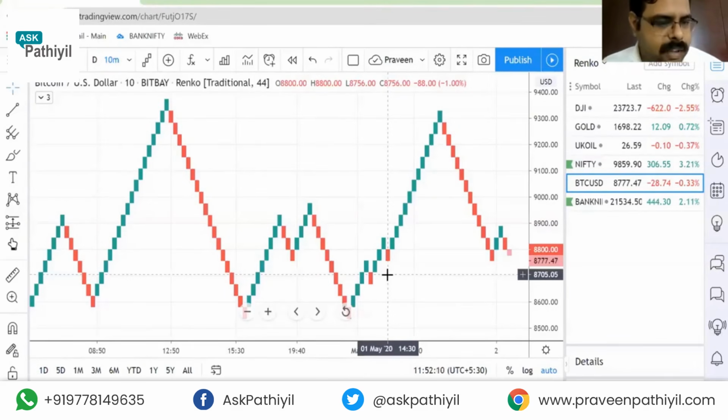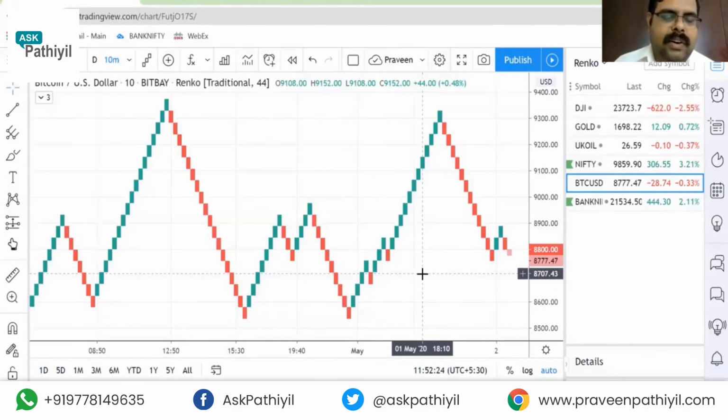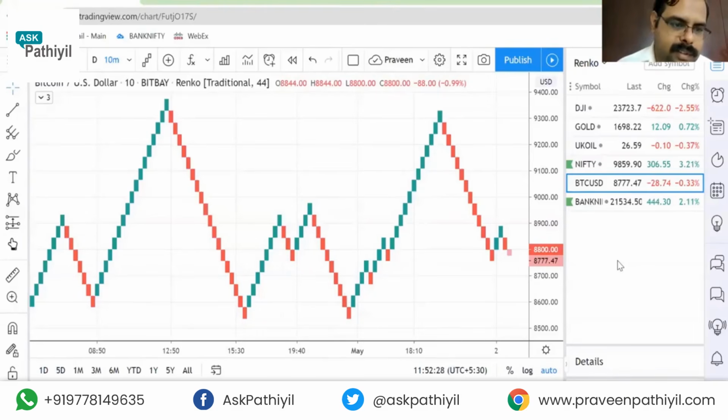It's not about the instrument, not even the time frame. It purely depends on how you successfully define this brick size.